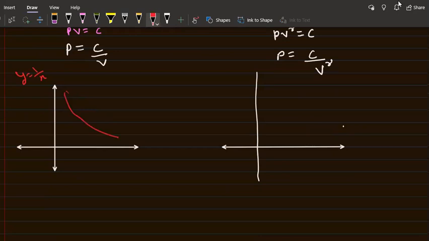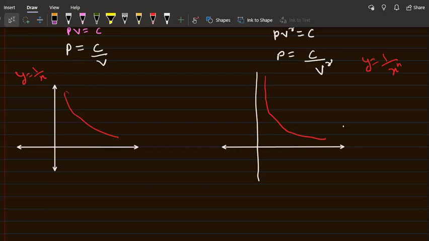Now when we talk about this graph, it will be y is equal to 1 by x to the power something, x to the power n. Depending on n, it will have a steeper slope. So it will be something like this. The only difference between these two graphs will be the slope. Now let's see what's the meaning of slope.